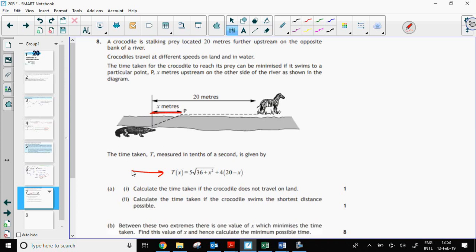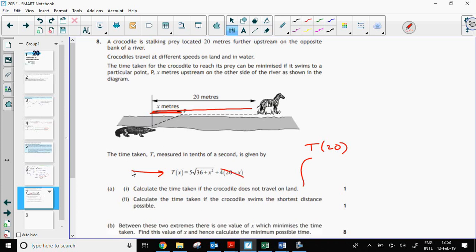So what is the time taken if the crocodile does not travel on land? In other words, if he just swims the whole way. If he swims the whole way, well, okay, what does that make x equal to? Well, then x is going to be this whole distance. That's going to make x equal to 20. So this first problem is really just T of 20. We pop that in.